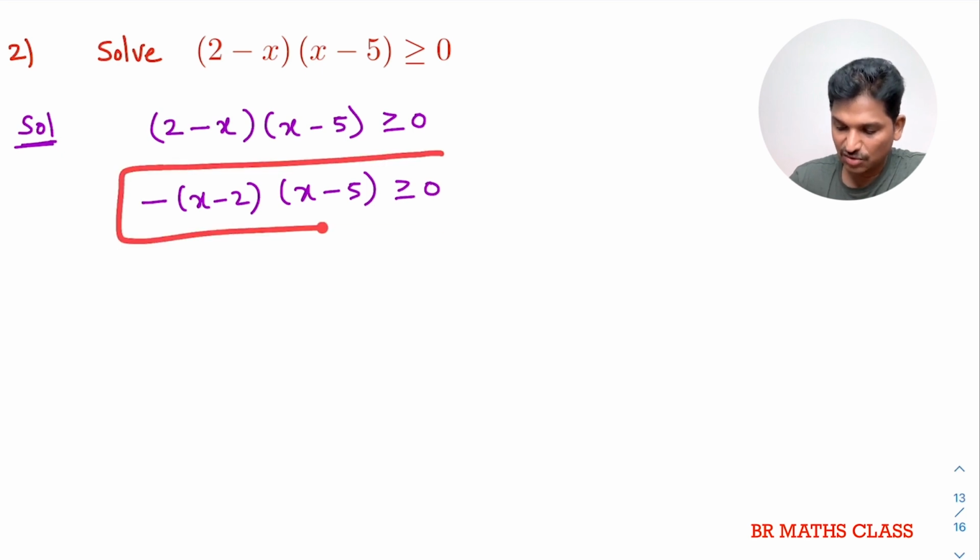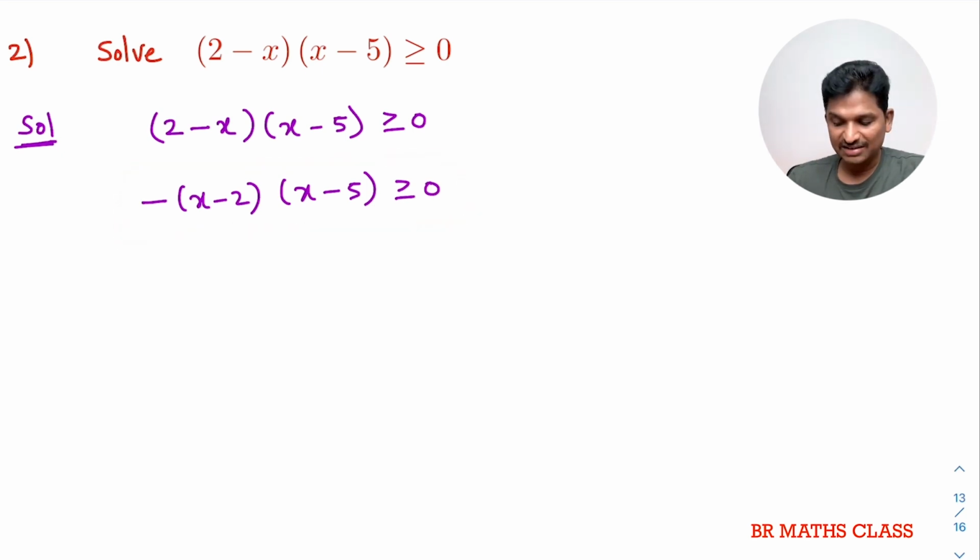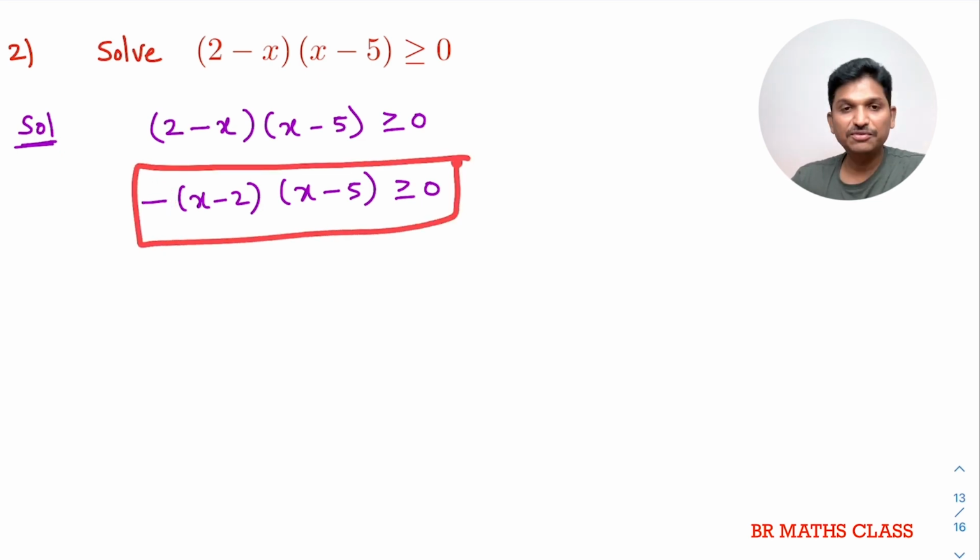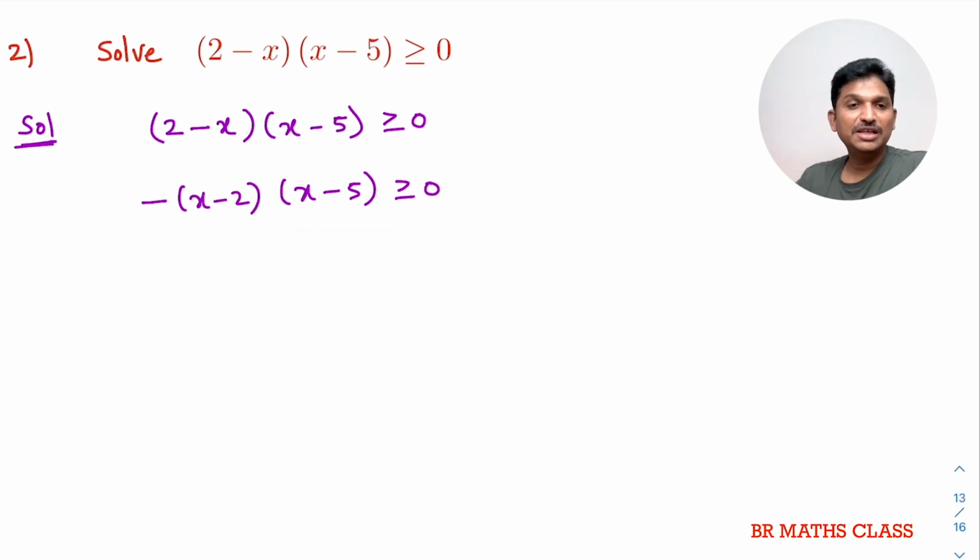Now this is the inequality. You observe here minus sign is there now. What I will do, this complete inequality I will multiply with minus 1 on both sides. In the rules of linear inequalities, in last class you learned that for an inequality, if we multiply with a negative real number, the sign of inequality changes.